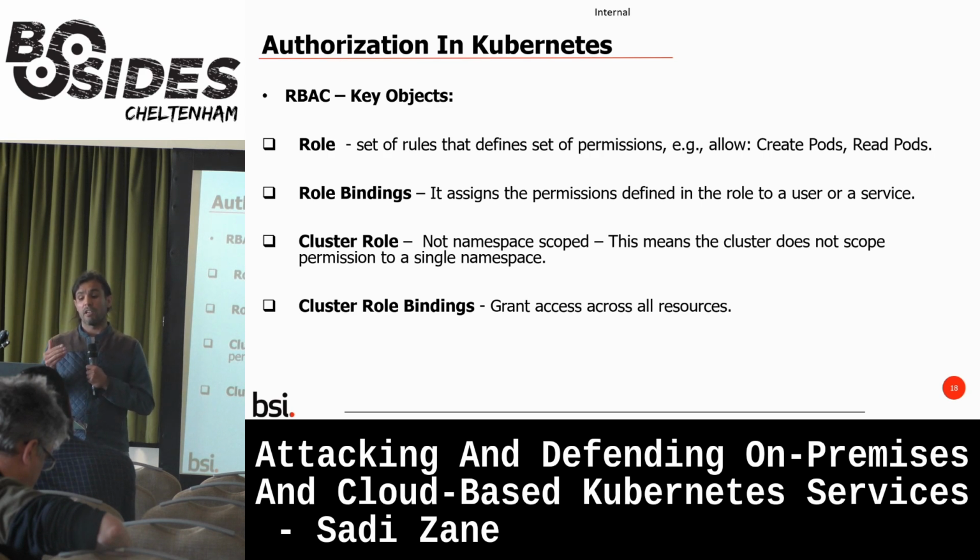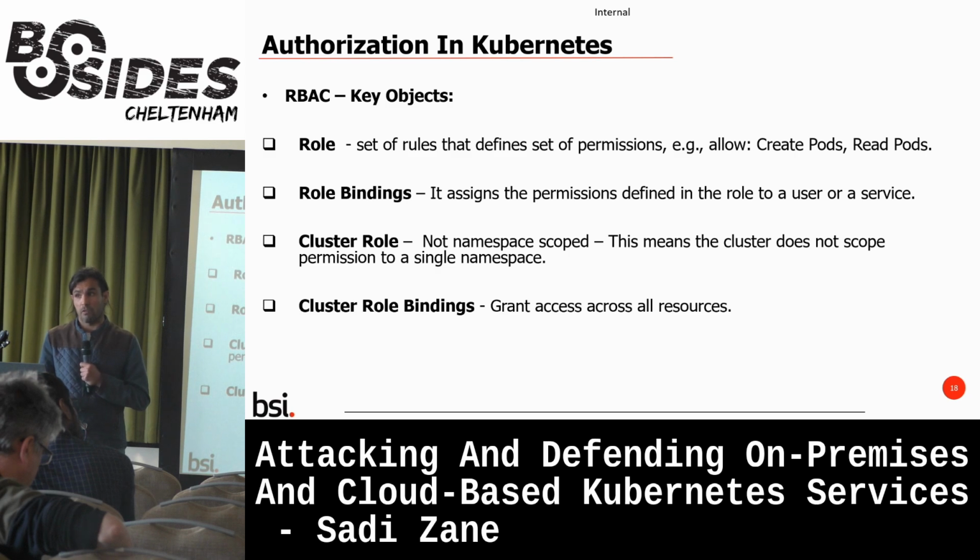And then you have the cluster role and the cluster role binding. The difference is that if someone has a cluster role binding, it means they have full access to all the namespaces within the Kubernetes API server. Role and role binding are namespace specific, but with cluster role and cluster role binding, you grant access to all the resources.